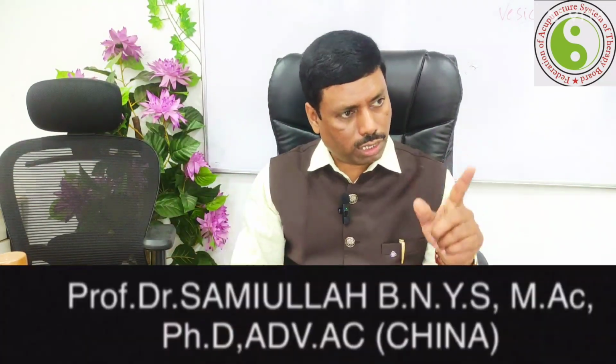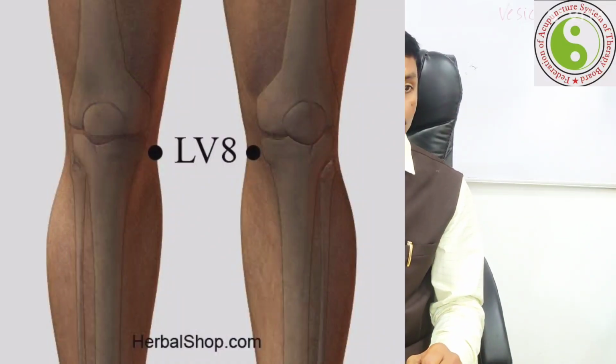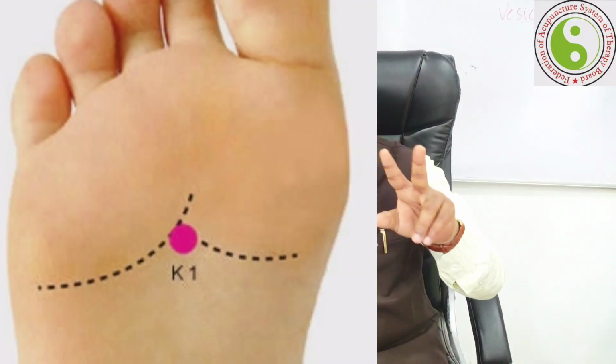The liver is strengthened, and the liver is connected to the brain system indirectly. So applying the K1 point is equivalent to Liver 8, known as Chuan. K1 is equivalent to Liver 8. You can use Liver 8 or you can use K1. Both functions are the same.